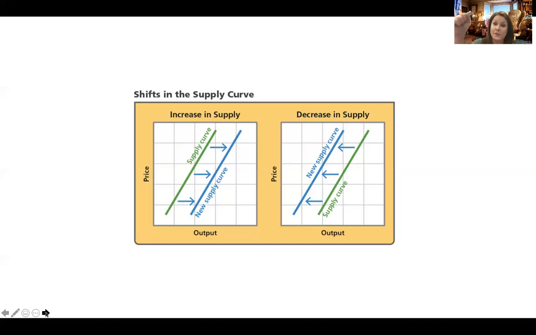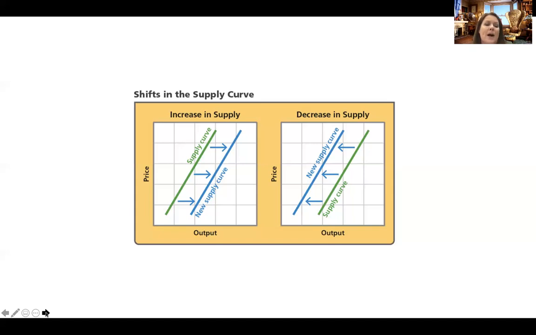Next one, and we are using this infographic. So here we've got shifts in the supply curve. We show an increase and a decrease. The scenario is that warfare has cut off a rare supply of metal used in making cell phones, so one firm's marginal cost rose higher than its marginal revenue. Which of the following events in the graph is most likely to be a result of the event? Okay.